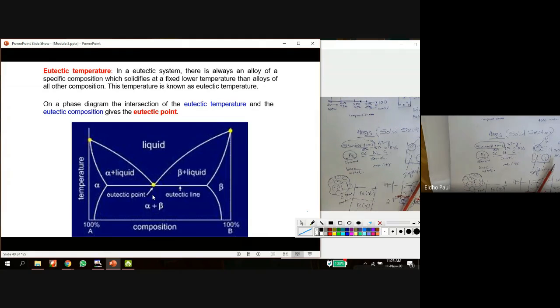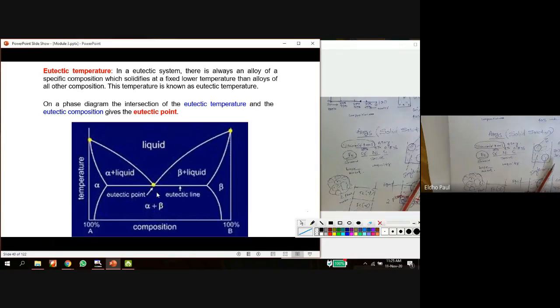But here we can see alpha plus beta at a particular temperature and a particular composition. We can see an alpha plus beta alloy. Alpha means, for example, the FCC crystal structure; iron can exist in more than one crystal structure. Similarly, this is an alpha material and this is a beta crystal structure material.